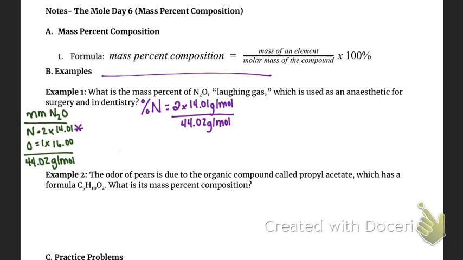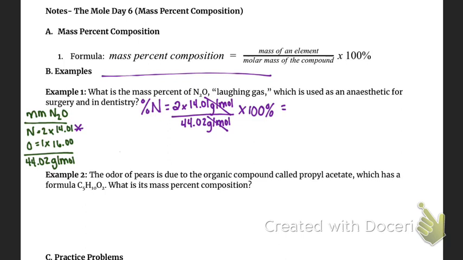The last step is to figure out the percentage, so you multiply that by 100. For units, grams per mole divided by grams per mole cancel. Mathematically, you take 2 times 14.01, divide that by 44.02, hit enter, and then multiply by 100.